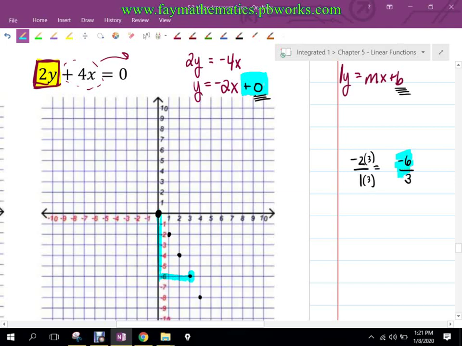Because what does this reduce to? It reduces to -2 over 1, right? So when we talk about slopes, guys, we like to talk about them as a reduced value. But if I have -6/3, or -12/6 or -24/12, those are all equivalent slopes to -2, and they're going to be tools that I could use to graph the exact same line. That make sense? All right. So then we can connect those, make our line, all that kind of stuff.